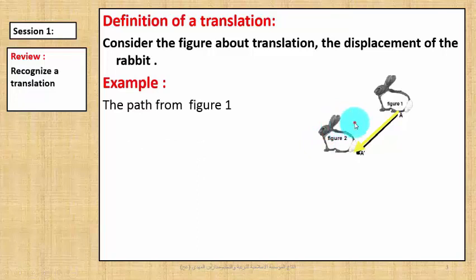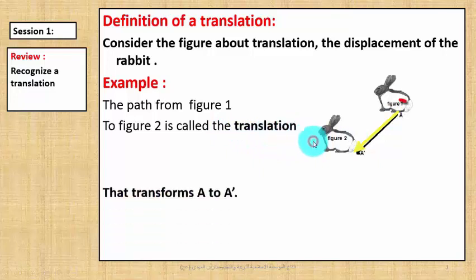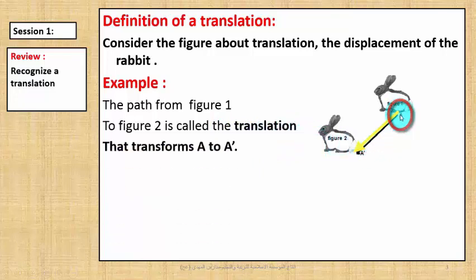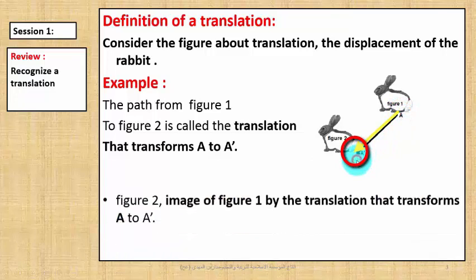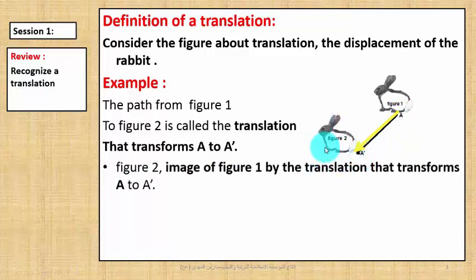The path from figure 1 to figure 2 is called the translation that transforms A to A prime. So we can say that figure 2 is the image of figure 1 by the translation that transforms A to A prime.